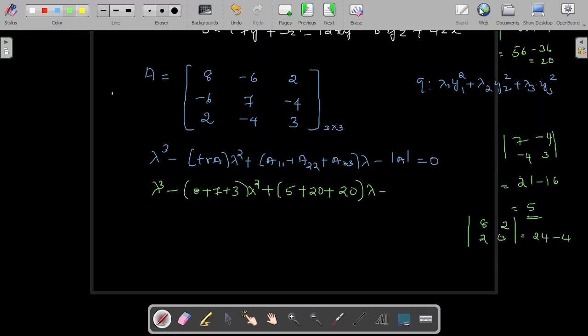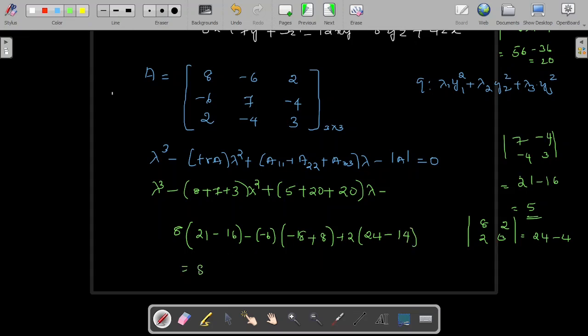We have to find the determinant of the matrix. It is 8 into, deleting first row and first column, 21 minus 16, minus of minus 6 into, deleting first row and second column, minus 18 plus 8, plus 2 into, deleting the third row and the first column, we will get 40.